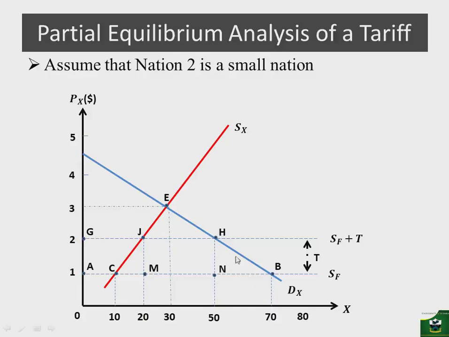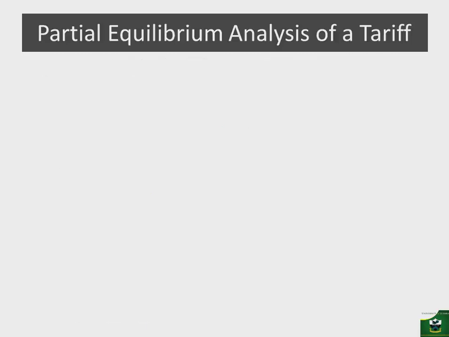So these consumers who are supposed to import this are out of the market, and those who are supposed to import this have resorted to buying local products. Therefore, the trade effect is the loss in this region plus that. So we have 10 here plus the 20 here, which will give us 30. Thus, we conclude that the trade effect is 30.